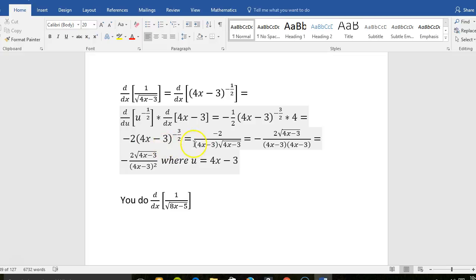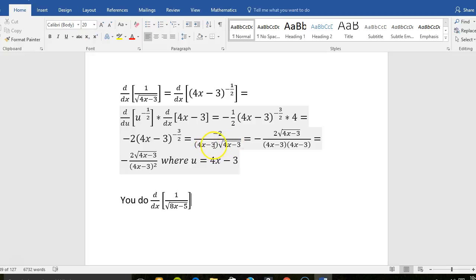Now, I'd have 4x minus 3 to the positive 3 halves down here, but I'll go ahead and cut to the chase. What is 4x minus 3 to the 3 halves power? It's 4x minus 3 to the 1 power times 4x minus 3 to the 1 half power. So this guy right here is 4x minus 3 to the positive 3 halves power, but I write it in simplified radical form.